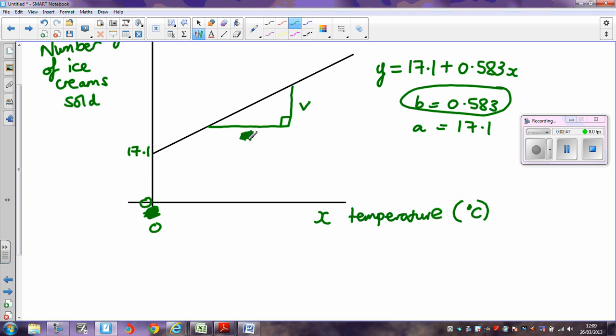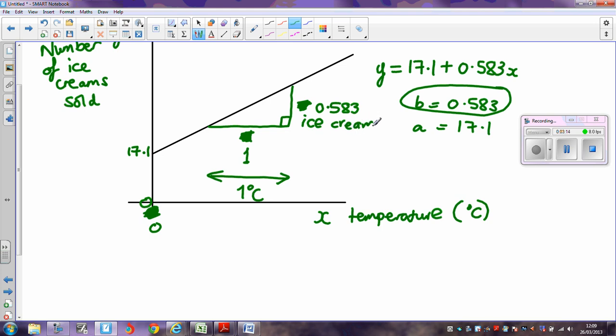Let's just imagine that the horizontal distance here is 1, because that makes life a little bit easier. If that's 1, then this vertical distance will be 0.583. That 1 is actually 1 degree centigrade, and that 0.583 is actually 0.583 ice creams.